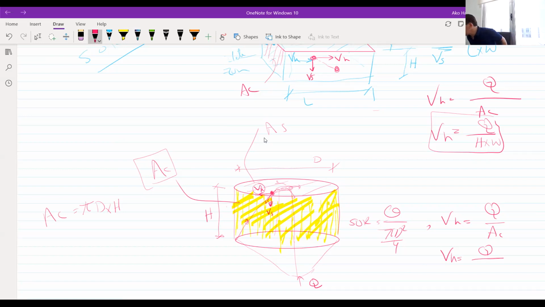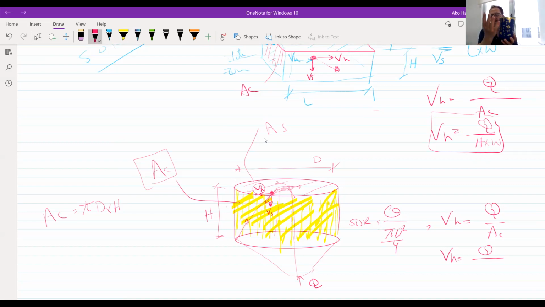I want to tell you, you can see this shape. If this is the tank, this area is the circumference times the edge. The water is coming from here and it will go this way, so the direction of the flow will be perpendicular to this shape.